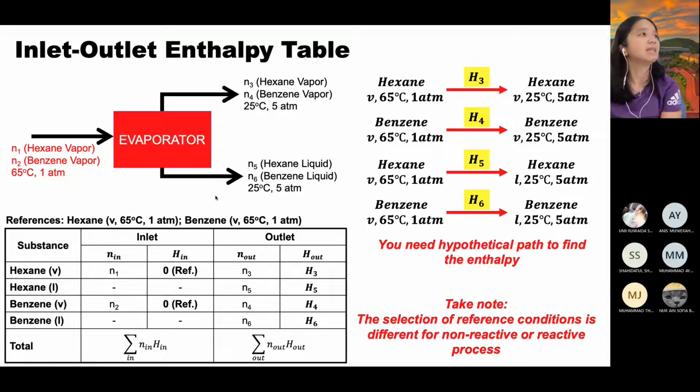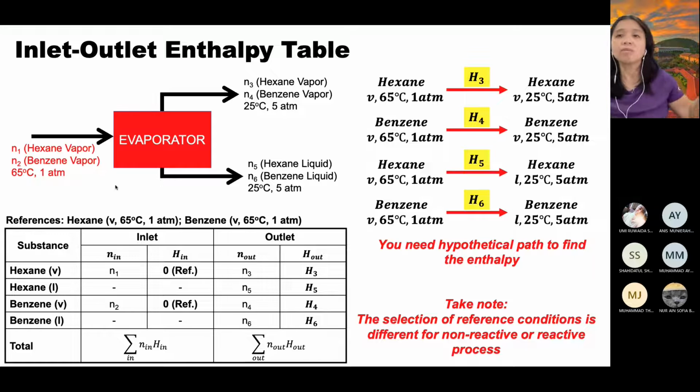For example, in this example, hexane and benzene exist in the form of vapor and liquid. So, kamu nampak saya ada satu row hexane vapor, satu row hexane liquid, satu row benzene vapor, satu row benzene liquid. You have to have separate row kalau compound itu dalam diagram ini wujud dalam fasa yang berlainan.